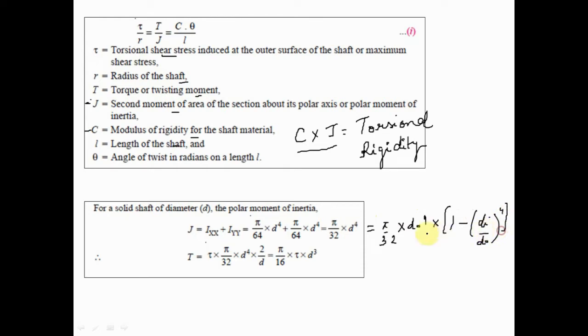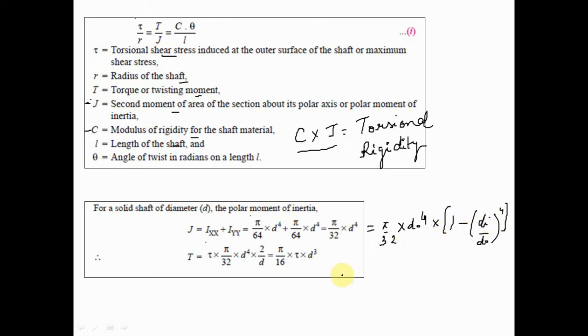This equation you have to use when there is a hollow shaft, and for a solid shaft it is pi by 32 times d to the power 4. For a hollow shaft it is pi by 32 times d outer to the power 4 multiplied by 1 minus d inner by d outer to the power 4, bracket closed.